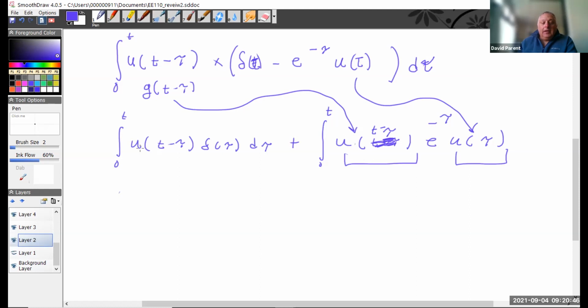Now we're after it. And so the thing is, you just replace this with 1, because it will be 1 since we're integrating between 0 and t.